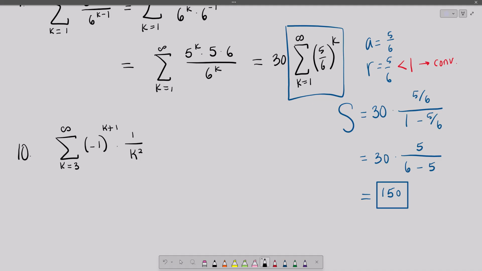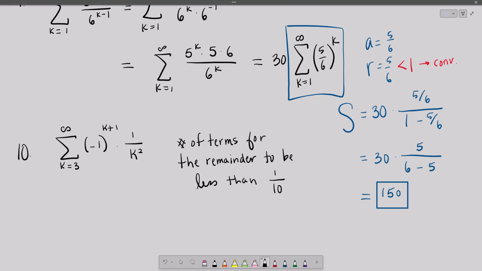And the question says, how many terms for the remainder to be less than 1 over 10 to the 4th.